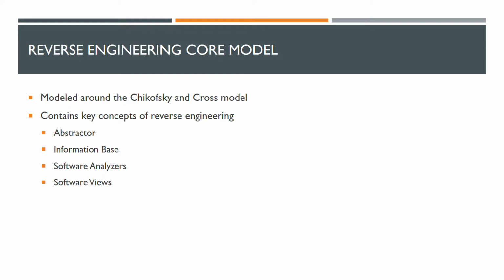The abstractor creates the software view by using information that's extracted from software artifacts and is then stored in the information base. The information base is a repository which is used to store information that's extracted by analyzers.